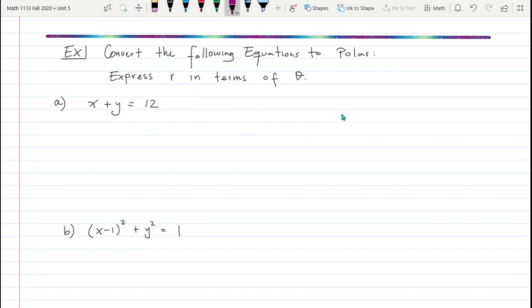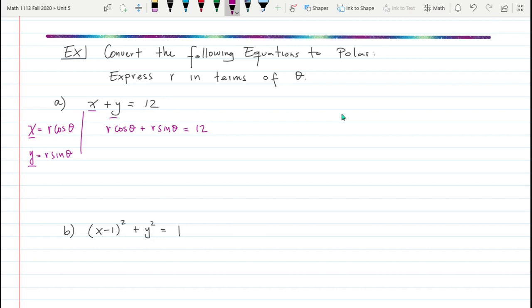I'll write them here on the side. x is equal to r cosine of theta, y is equal to r sine of theta. That's what's going to help us here, right? So here's x, here's y, here's y. So r cosine theta plus r sine theta equals 12.